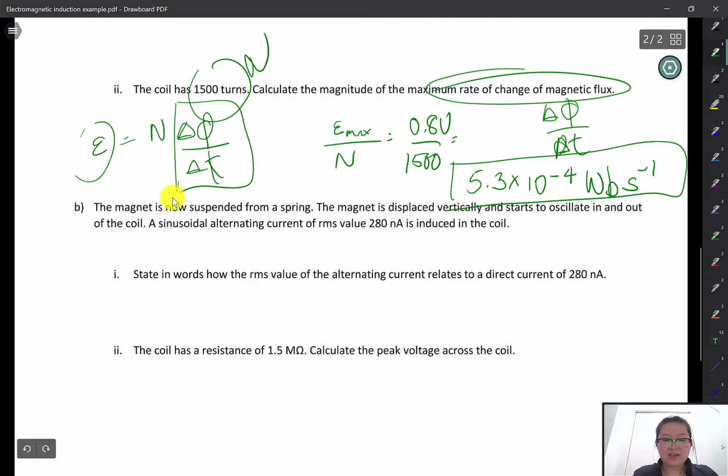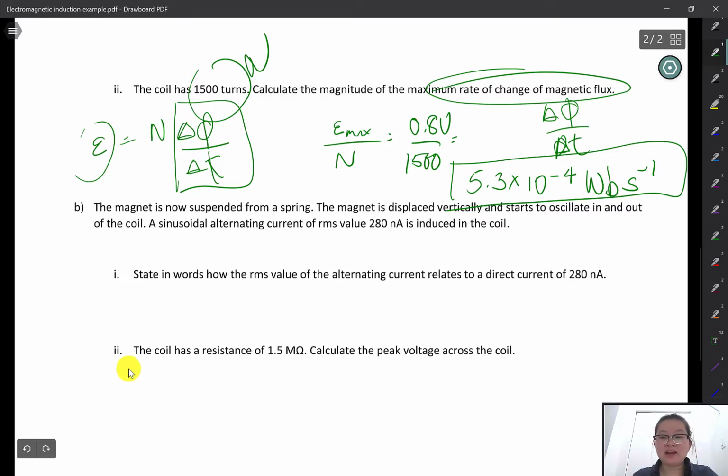So the RMS, really what that is saying is that across a resistor or a load connected to an alternating source versus a direct source, the effective current that goes through that resistor is still going to be 280 nanoamps. So that when you're calculating the power dissipated, that's exactly the current that's going across the resistor.